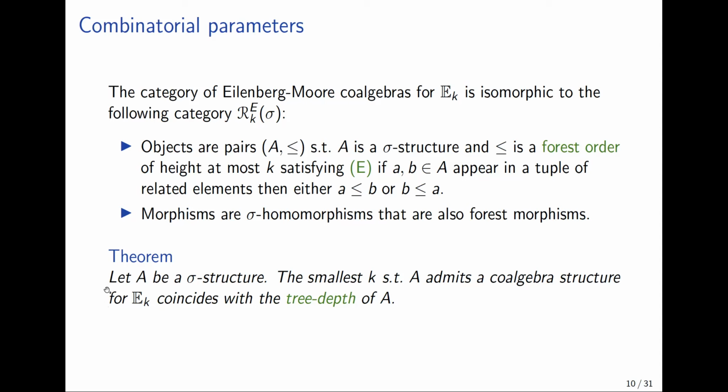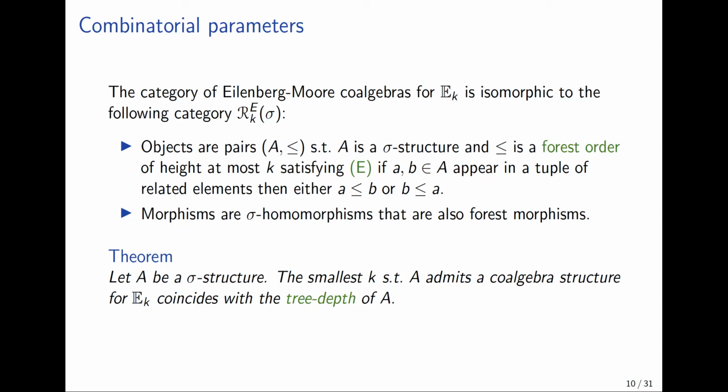The theorem says that whenever you have a sigma structure A, the smallest integer k such that A admits a coalgebra structure for the comonad E_k coincides with the so-called tree depth of A. This is a combinatorial parameter which was introduced for graphs first and then extended to relational structures. It's really important in finite model theory. And it turns out here to correspond precisely to coalgebras for E_k, if you admit k to vary among the integers.